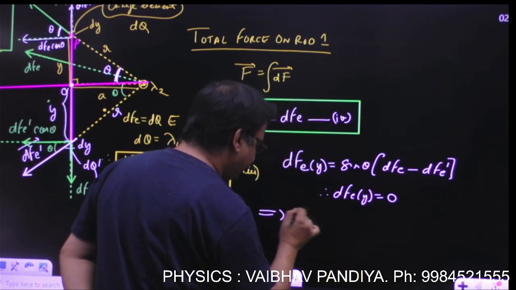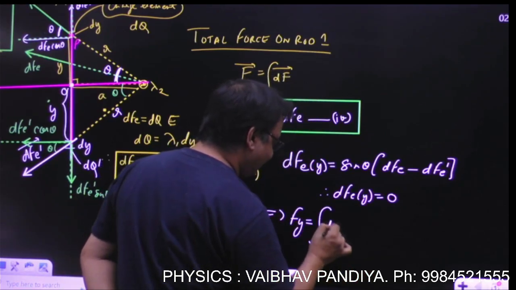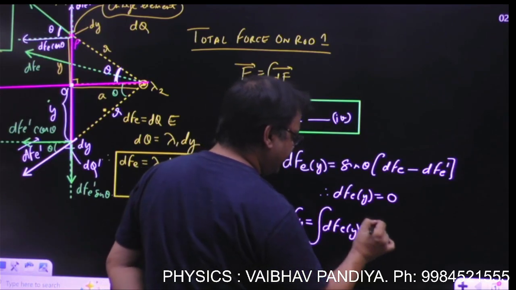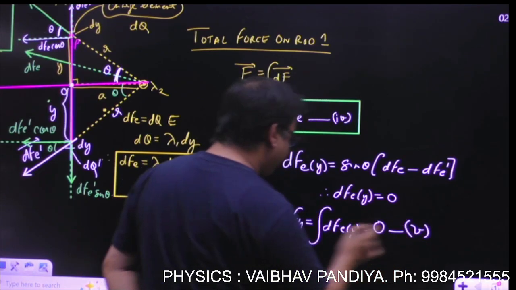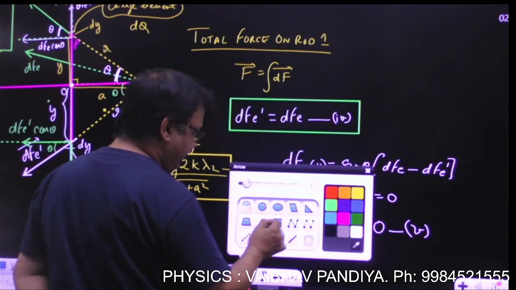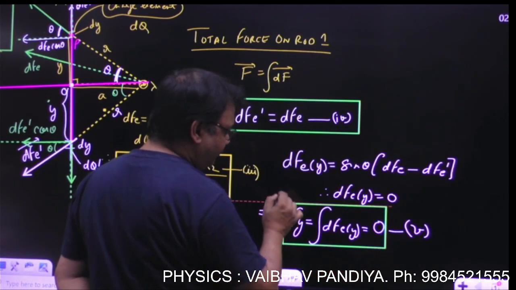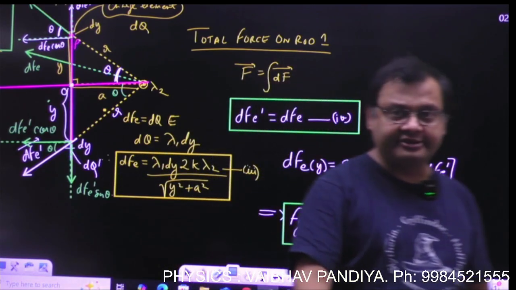So it implies that if you find Fy, the integral of dFEy, something 0, on integration will give you 0. So you have no field on the y axis. That is the advantage of symmetry. You can also go without symmetry, as I always tell you. Symmetry is an advantage, not a foundation that you have to follow.